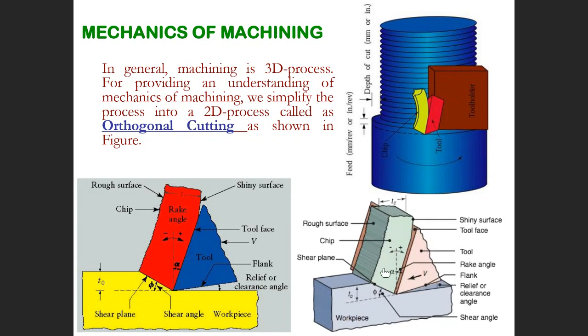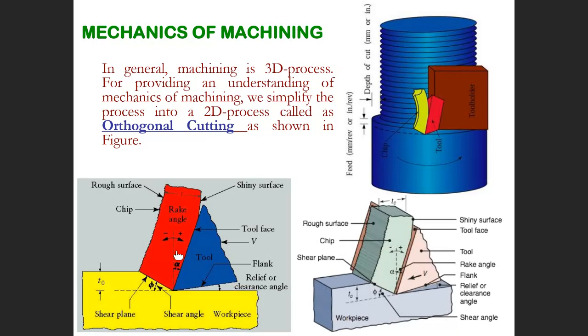Actually, this is a cutting. Cutting is always in 3 dimensions. However, for simplicity, they do the analysis in 2 dimensions, not 3. So this is a tool, this is a chip, and this is a workpiece, in 2 dimensions.